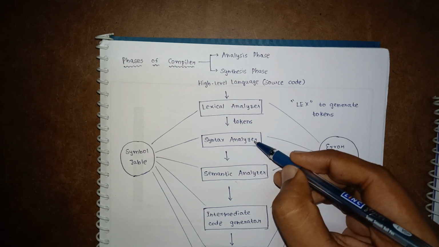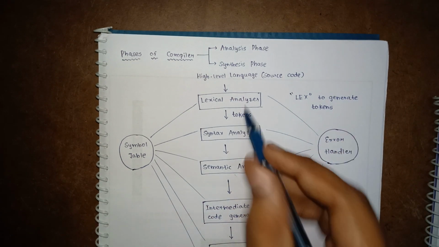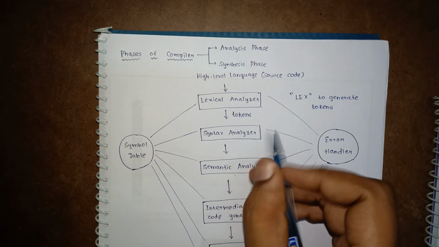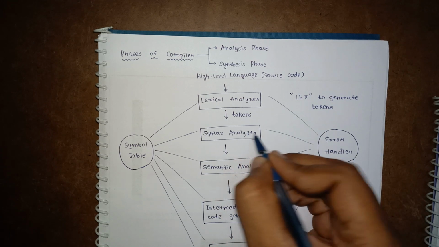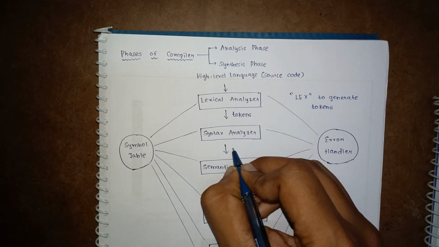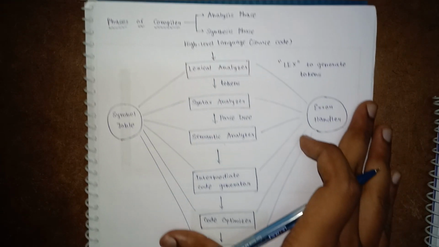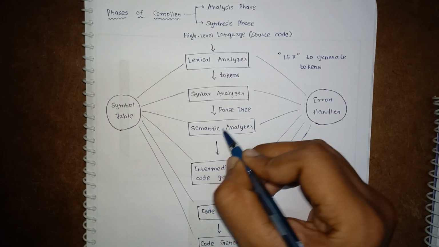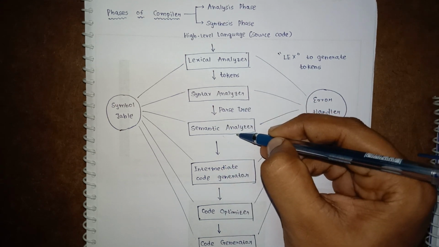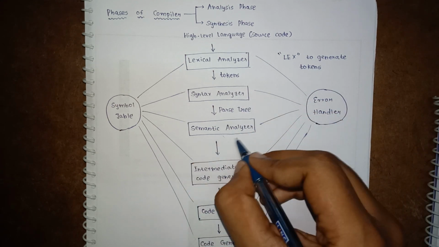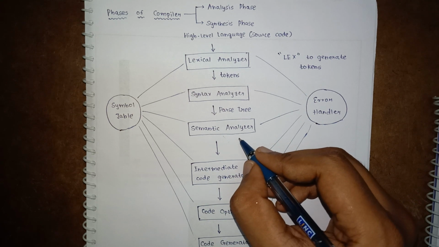Next comes the syntax analyzer. It analyzes whether the given program is syntactically correct or not, and generates a parse tree. Next, it will be passed to the semantic analyzer. It will check whether all the semantics are holding correct or not.